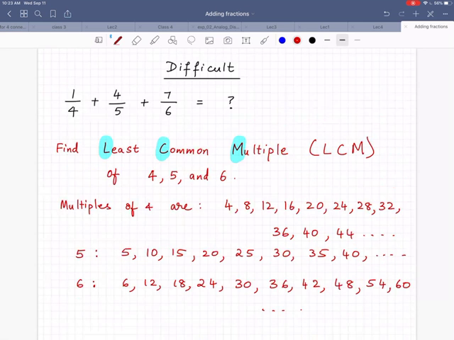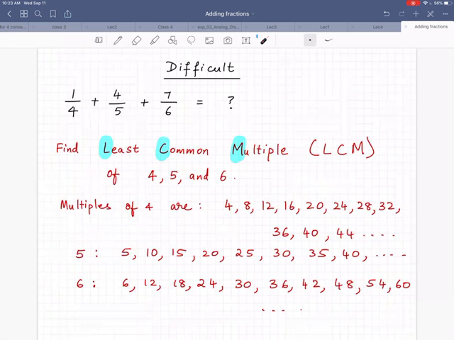Now these are the multiples of each of these denominators, but what is the least common denominator? So I can see that there is 30 that is common to 5 and 6, however it is not a multiple of 4. So none of these numbers are matching for all the three numbers.